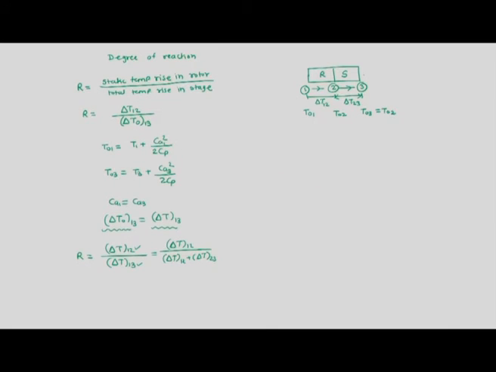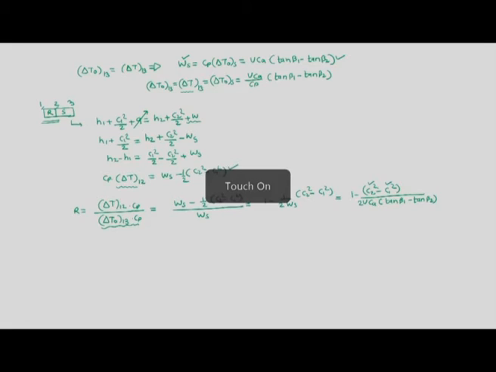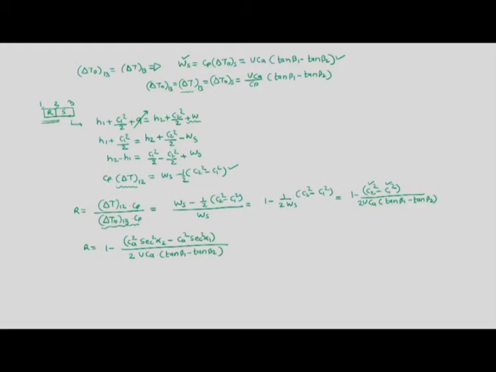So R is equal to 1 minus Ca square sec square alpha 2 minus Ca square sec square alpha 1 divided by 2 into U into Ca into tan beta 1 minus tan beta 2.